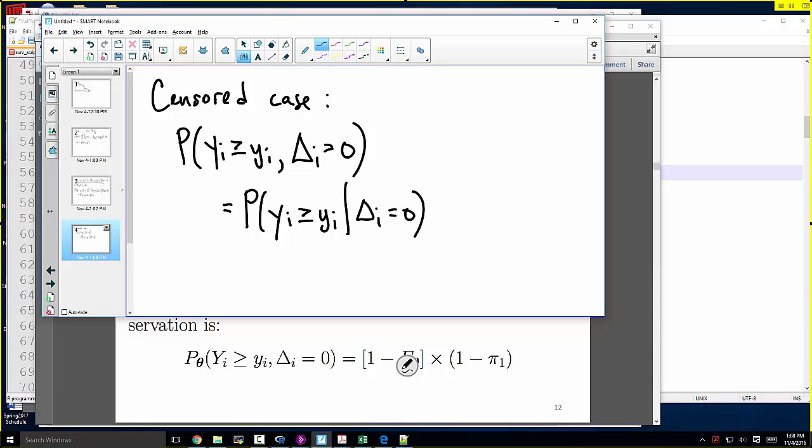So if pi1 was defined as the probability of an uncensored observation, then 1 minus pi1 is the probability of a censored observation. So it looks like that.